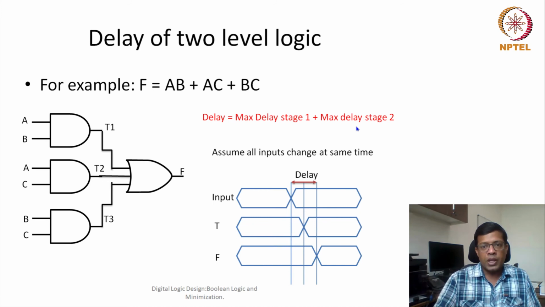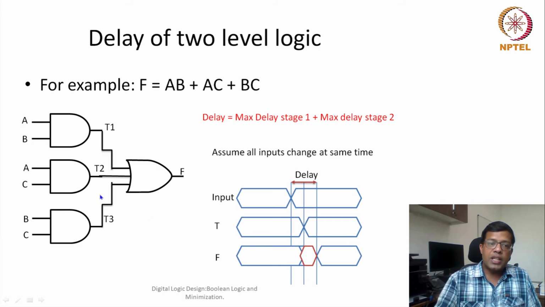The other thing we have to note is that because these inputs may be available at different times, T1, T2, T3, there would be a certain time in the output when the output would be fluctuating.